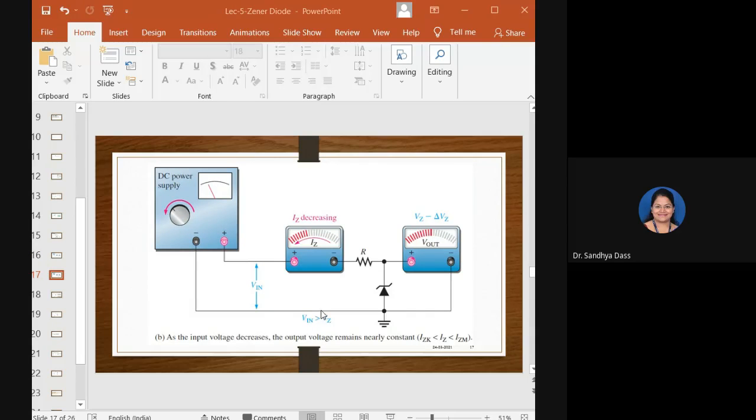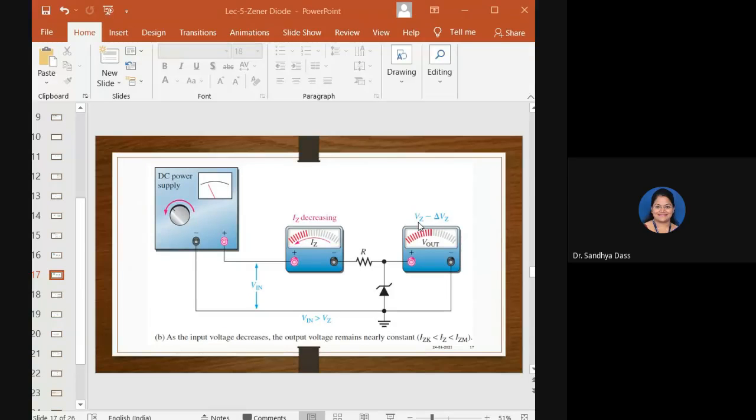The other point is, if the input voltage decreases, obviously the current in the circuit will also decrease, but the voltage across the Zener diode will still be maintained constant. Constant in the sense that there will be a slight variation, which we call delta Vz.